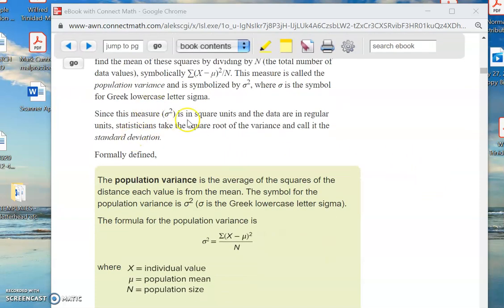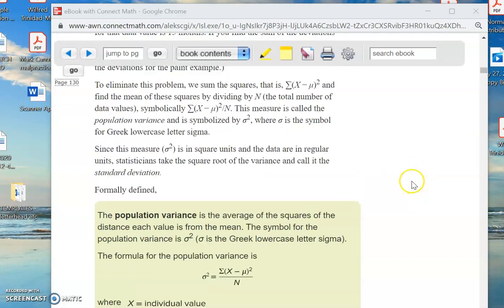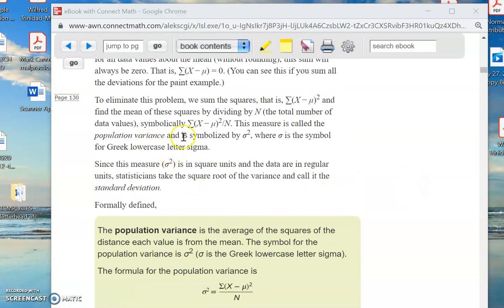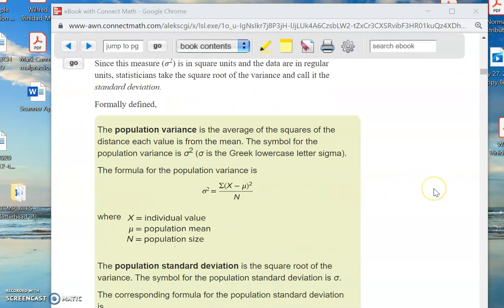Okay, since this measure is in square units and the data are in regular units, for most purposes we're going to take the square root of this variance. So we call this the variance, and we take the square root of that and call it, for a variety of reasons, the standard deviation. So the population variance is the average of the squares of the deviations.